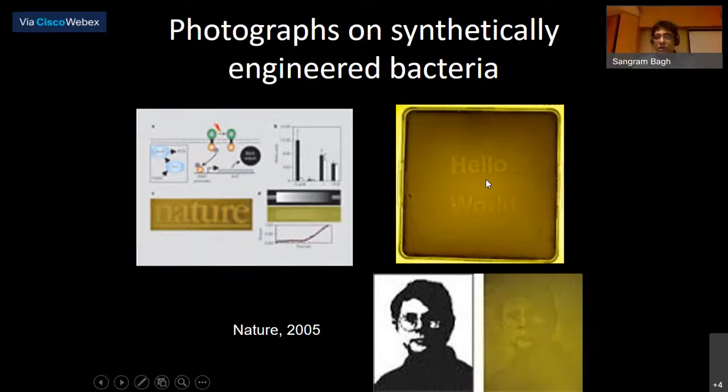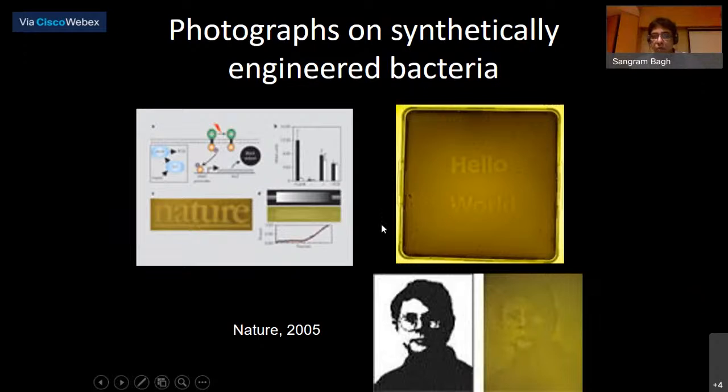So how do they develop it? They developed a bacteria engineered in such a way that if a little more light comes, it gives a darker shade, and if less light comes, it gives a lighter shade on the bacteria, by producing some chemicals which are basically black. Or you can do it the other way around.